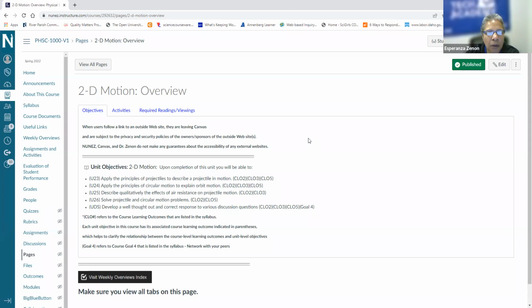Okay. And so as a way of focusing our understanding of 2D motion, we're going to focus on two particular types of 2D motion.